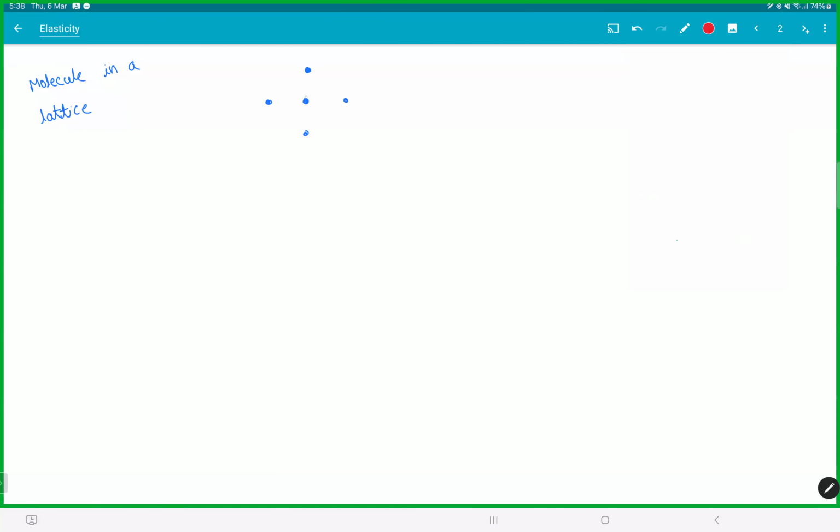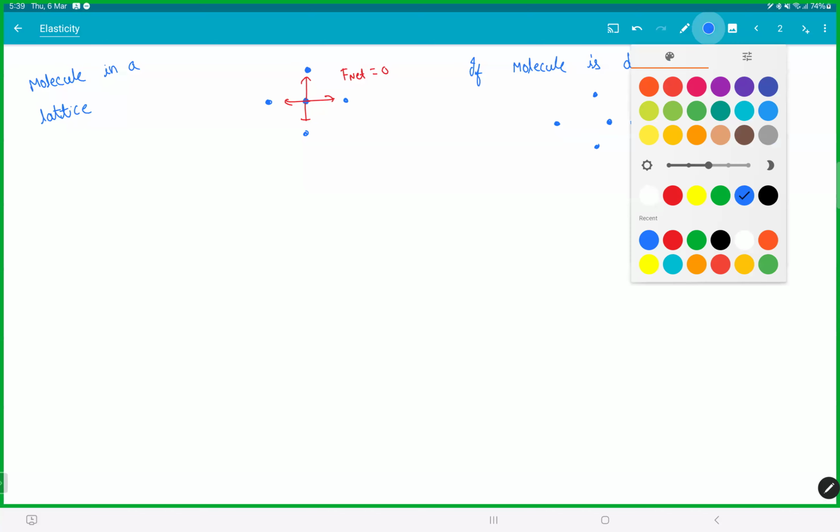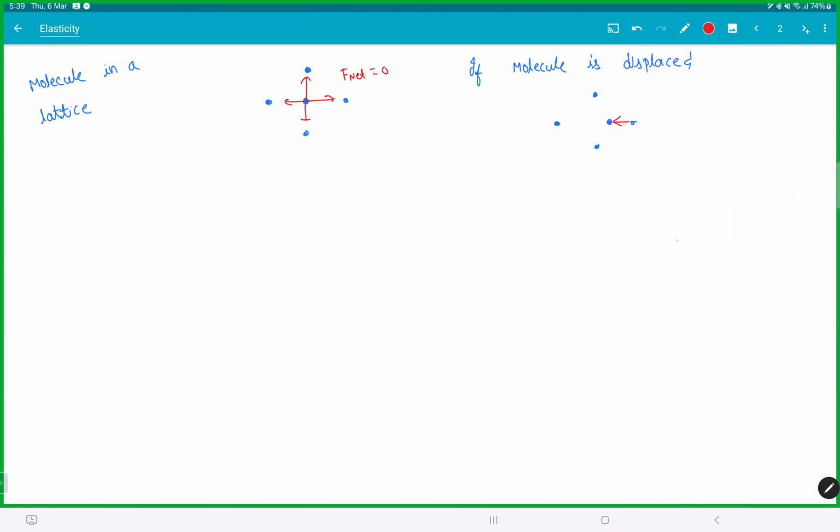So every molecule is attracting, and the net force is zero. But now if you displace the molecule, let's say something like this, and you get too close, this guy will start repelling, whereas this guy will attract, attract, and attract.